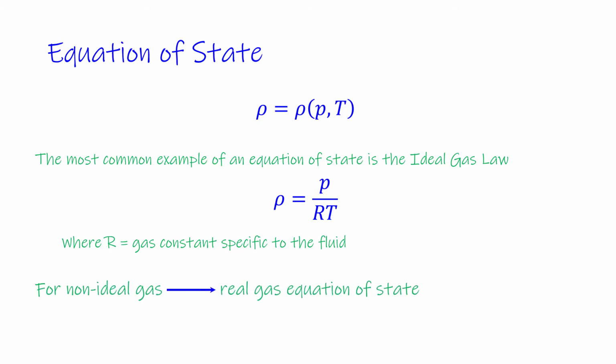In case of non-ideal gas behavior, we need to state a different equation that is typically referred to as the real gas equation of state. This equation can become very complex, and we are not going to consider this behavior in this course.